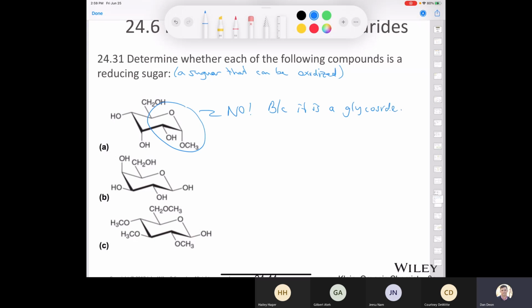Okay, whereas in B, the answer is yes, right? You can draw an open chain form of B where you have an aldehyde. Okay, in order for it to be a reducing sugar, it's got to be able to have an open chain form that has an aldehyde, right? We have going down, so 1, 2, so going up and over, and then up here.